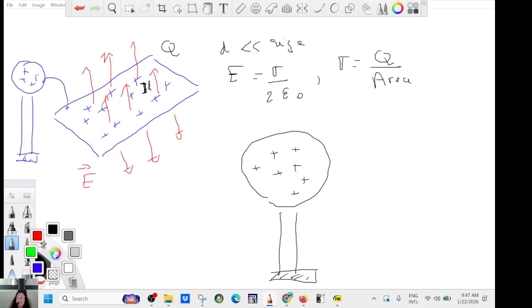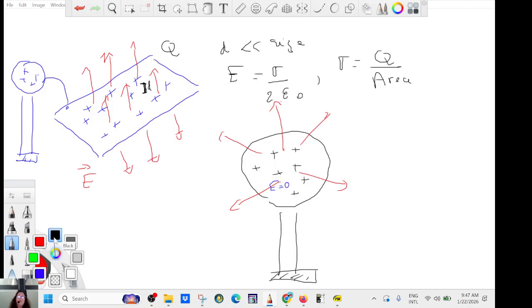Inside, the electric field equals 0. You cannot have an electric field inside, it's forbidden. So the electric field will diverge out. You see here is sigma over 2 epsilon 0, but here you cannot have an electric field.